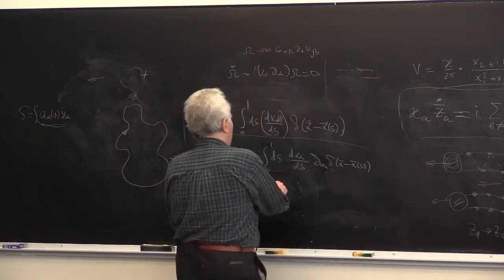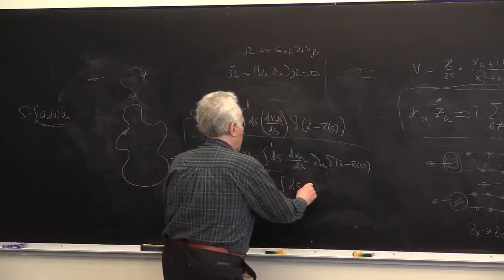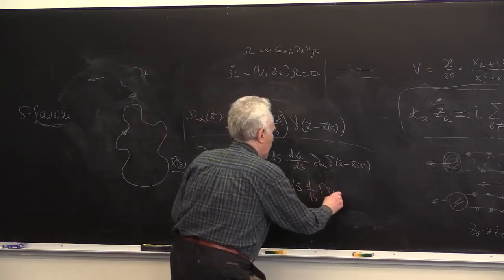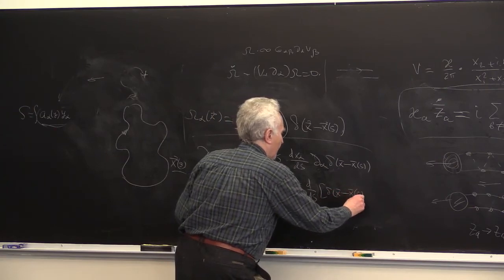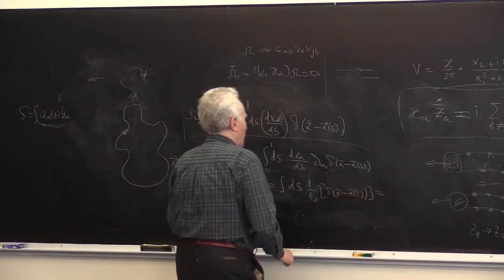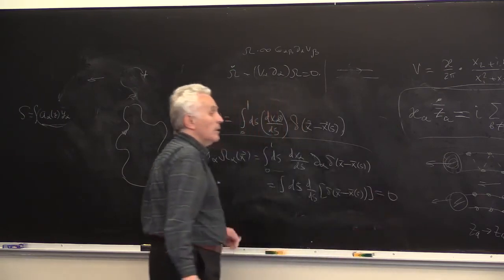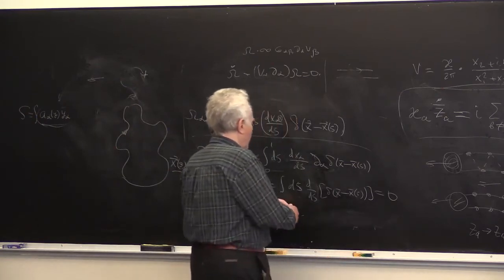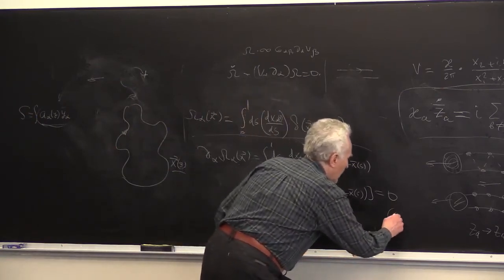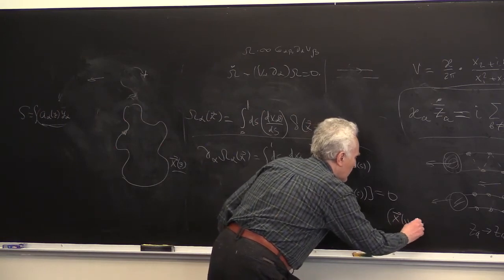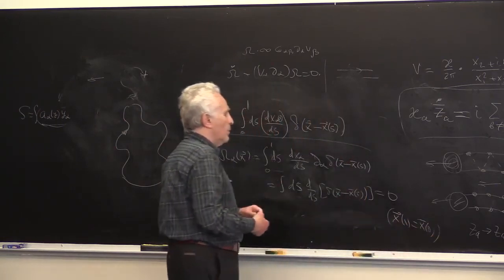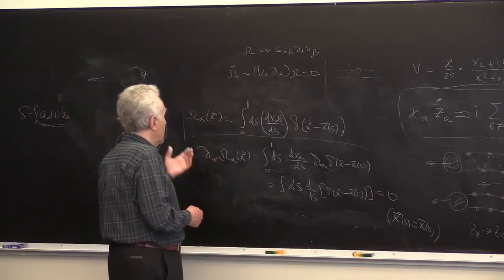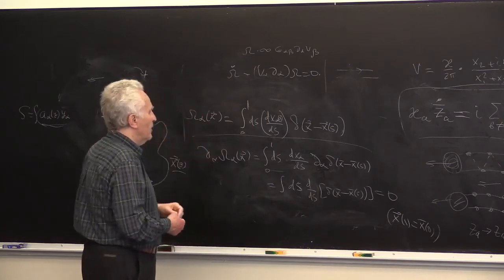And this is the integral ds, d/ds of delta of x minus x of s. And it will be 0 for the closed contours. So that's just the formula. For that we need x at 1 equal to x at 0. If they are not equal, then we have a problem. We violate this relation. And this relation more or less follows from the definition.